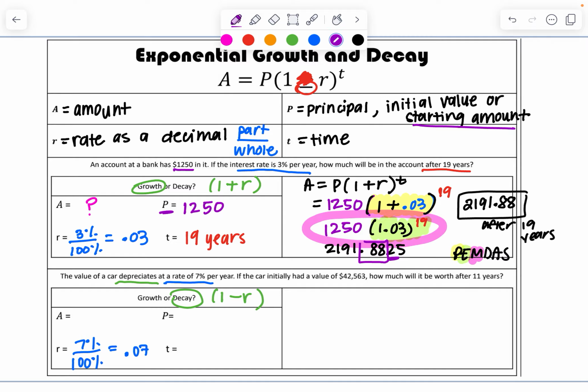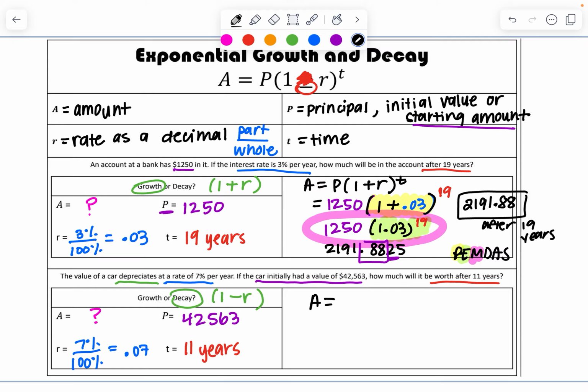How much is my initial value or starting amount of the car? The car initially had a value of $42,563, so 42,563. And the amount of time that's passing, I want to know after 11 years. So again, I want to find out what the amount is. Set it up in our situation.